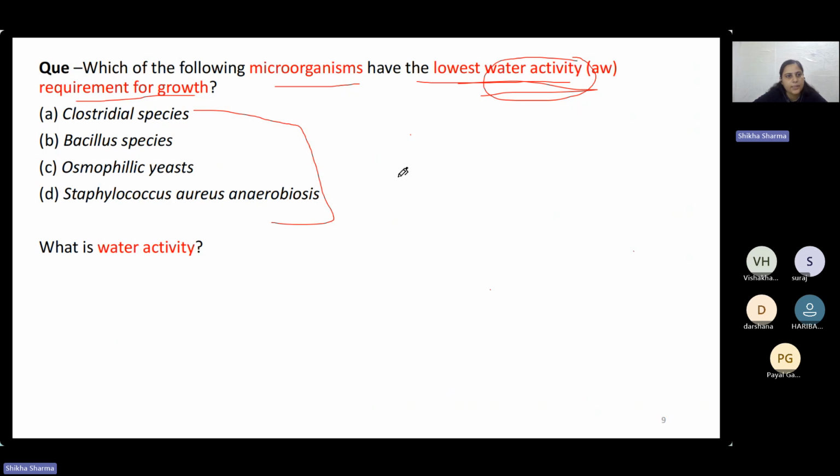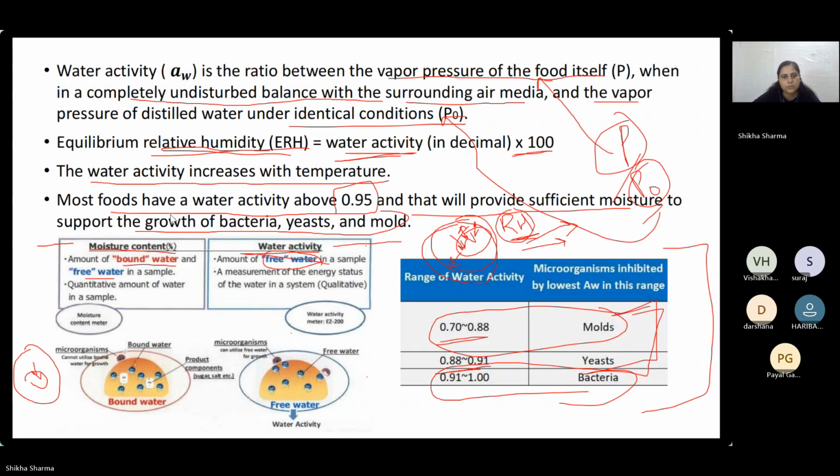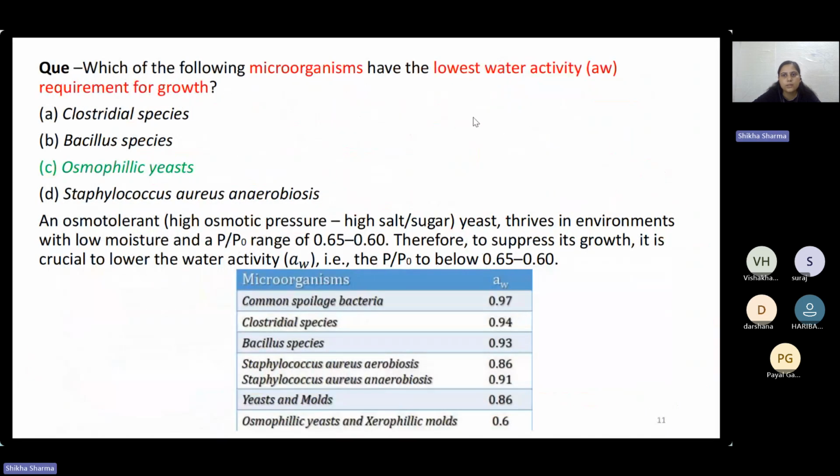Any guesses? A, B, C, D, which option is correct? C. Yes. So C is the correct answer.